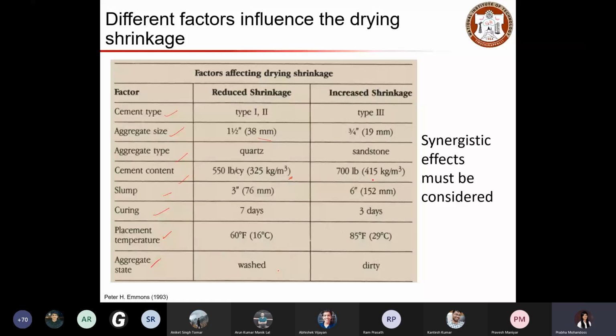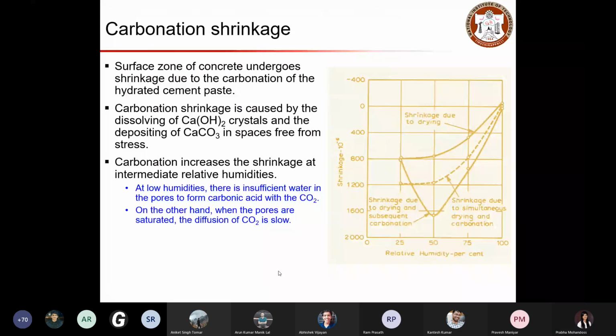And then the last type of shrinkage that we have is carbonation shrinkage. So here the shrinkage occurs not from within the matrix, but mainly the surface of your concrete undergoes such a reaction. So the surface zone of concrete undergoes shrinkage due to the carbonation of hydrated cement particles.